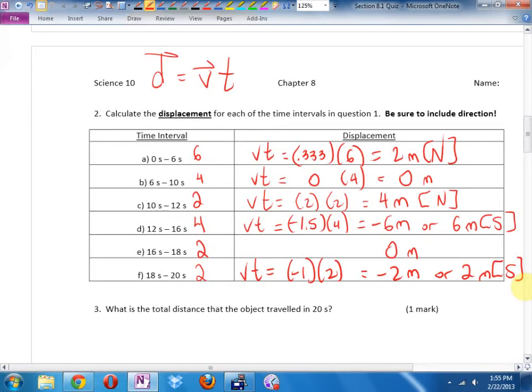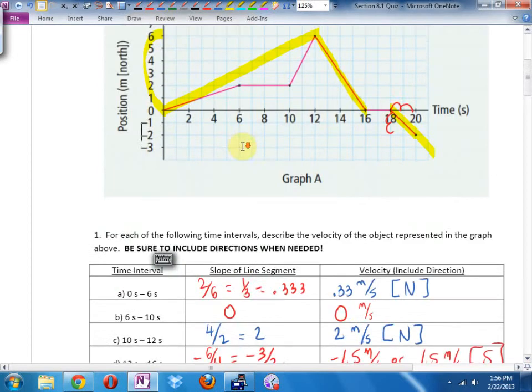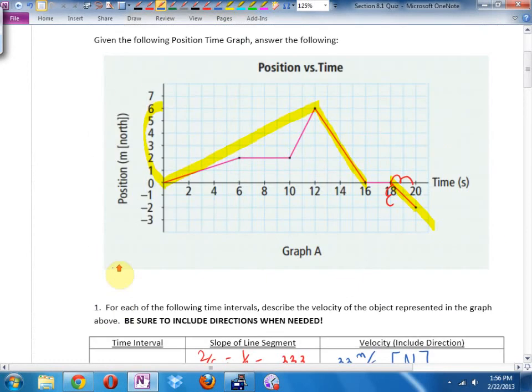What's the total distance that the object traveled in 20 seconds? I can get that from the graph. Distance is how far you've moved. In this path, we travel away, we come back, and then we go backwards. How many meters do we travel away? 6. How many meters do we travel back?